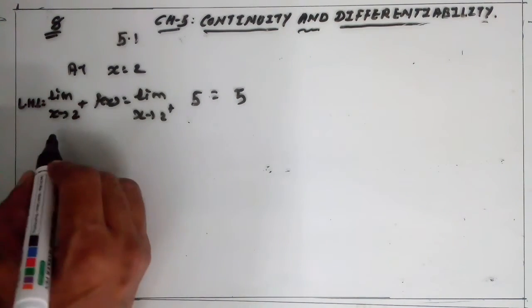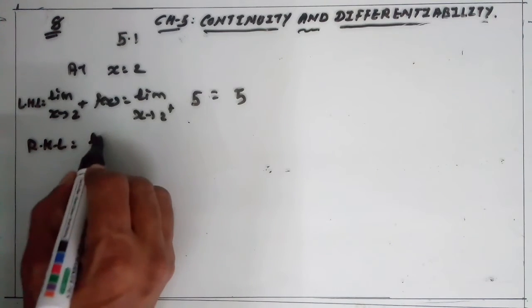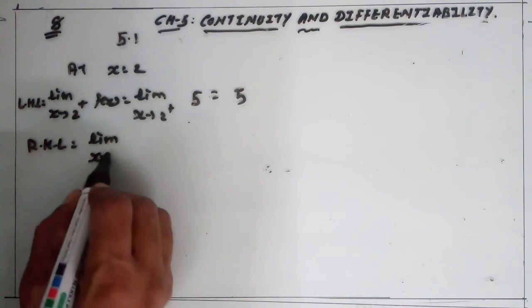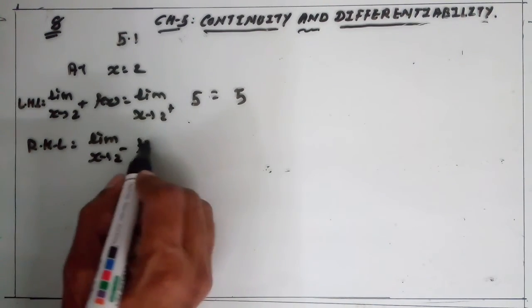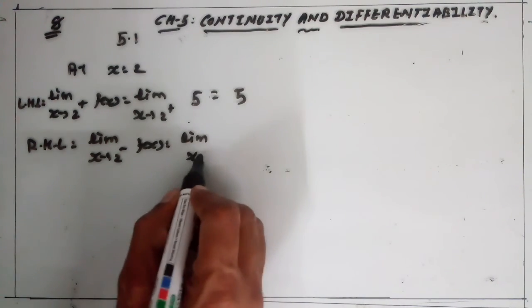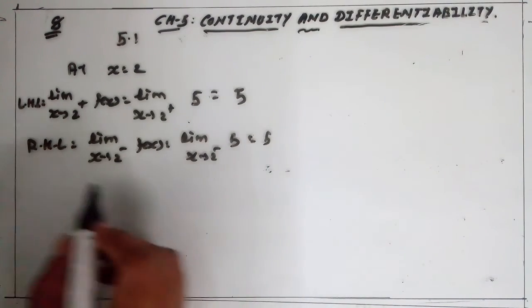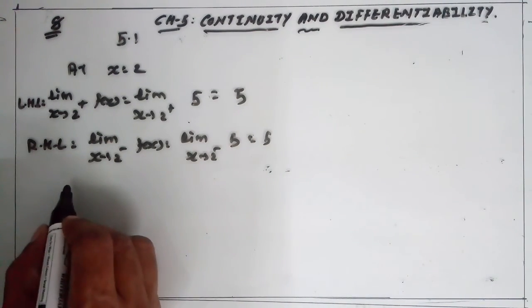Similarly, the other limit is limit x tends to 2 negative f(x) is equal to limit x tends to 2 negative 5, which is equal to 5. Clear?